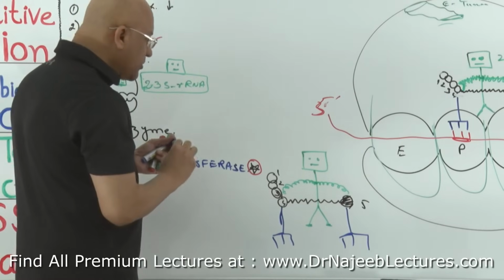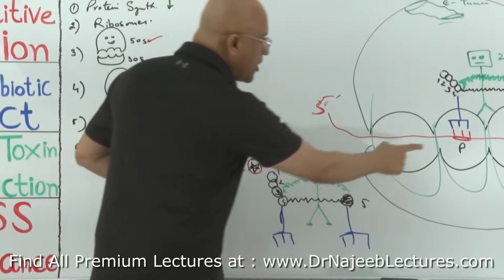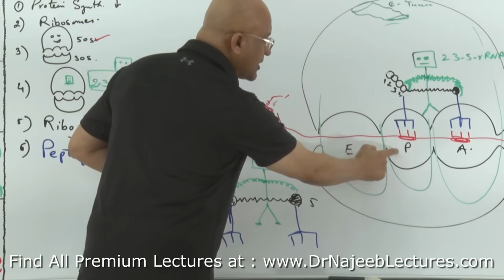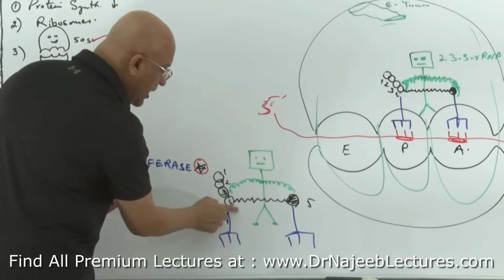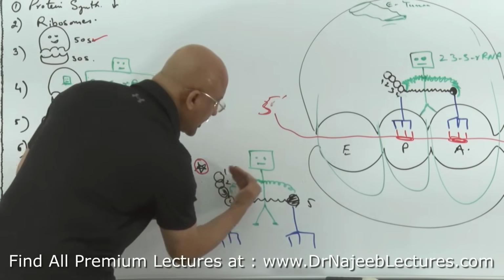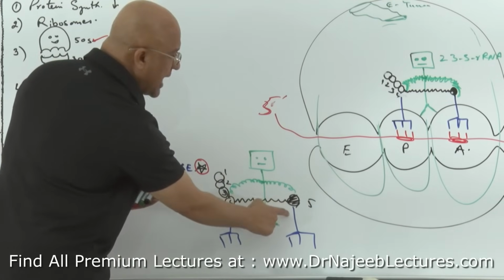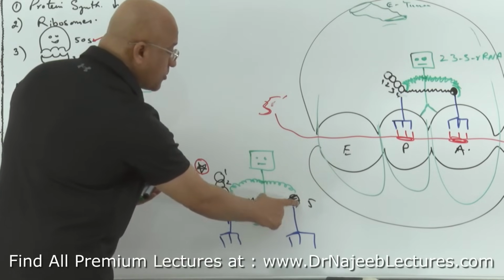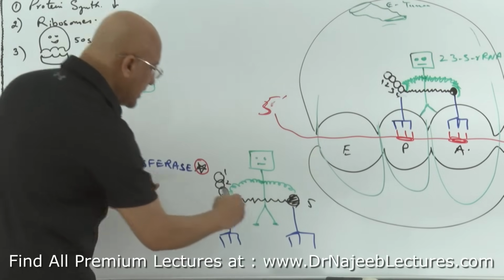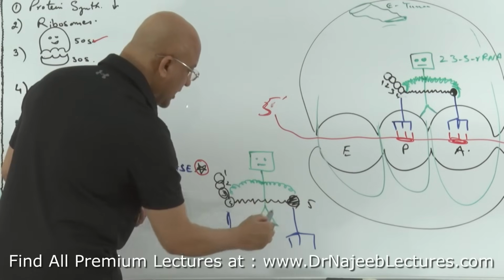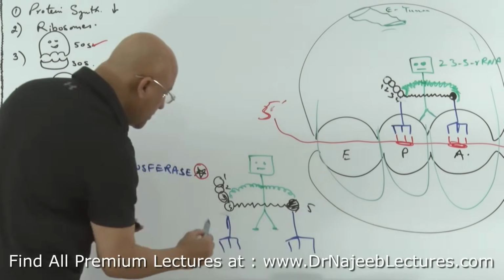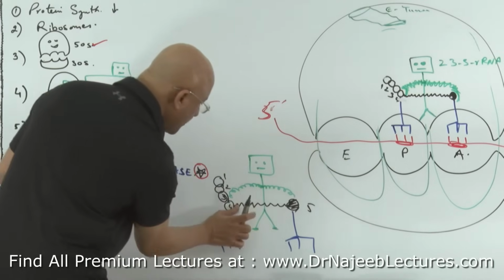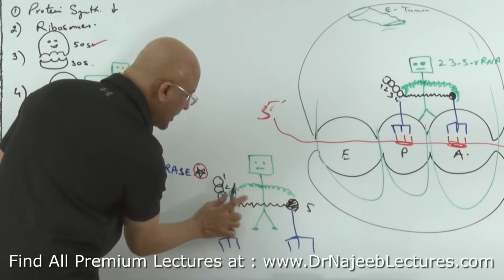After that, it will dislodge the chain from the transfer RNA present in the P site. When it dislodges, this chain will be transferred to the transfer RNA at the amino acid position. So this whole chain will transfer there, and you will see how we can show that from here the chain has been transferred there.